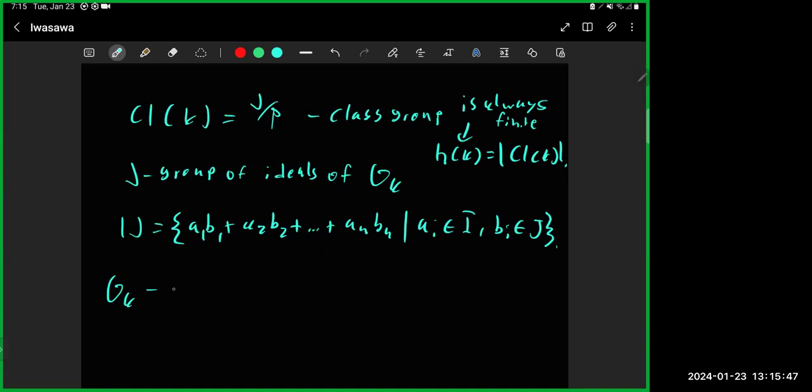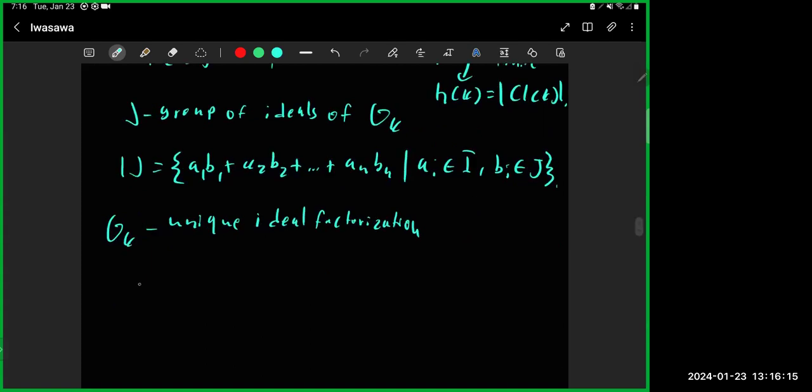So we have unique ideal factorization, which is essentially the equivalent of unique factorization into prime numbers in Z. In these general O of K's, we don't have unique factorization of elements, but we do have unique factorization of ideals into prime ideals.